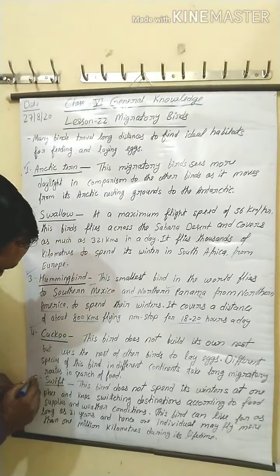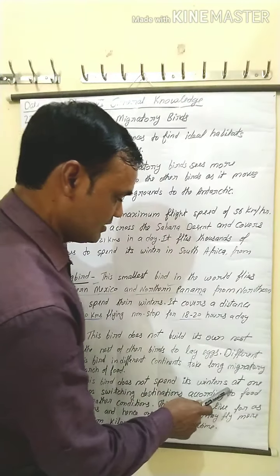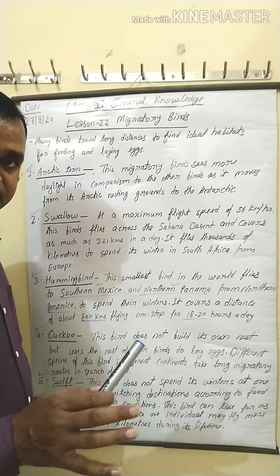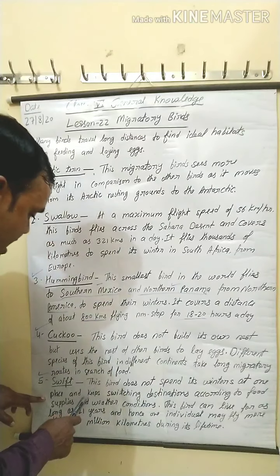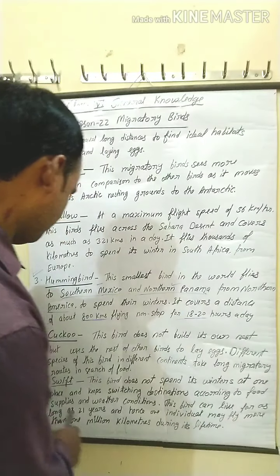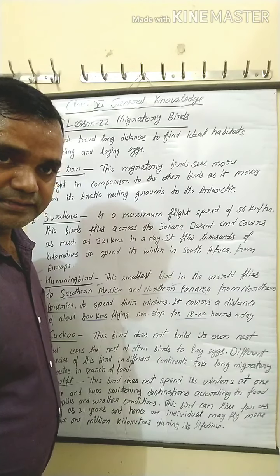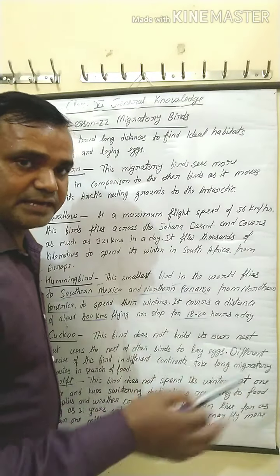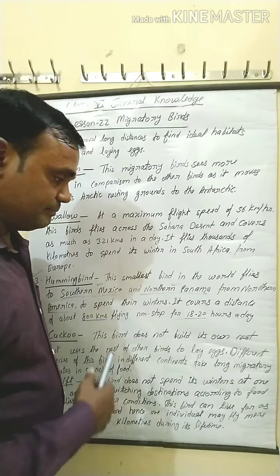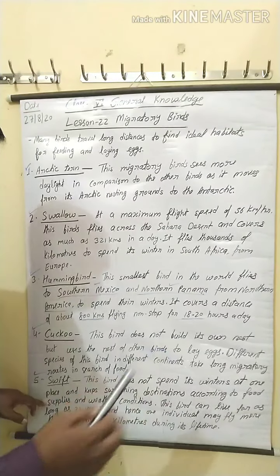And last, swift. This bird does not spend its winter at one place and keeps switching destinations according to food supplies and weather conditions. They migrate to places where food is available and where weather conditions are favorable.